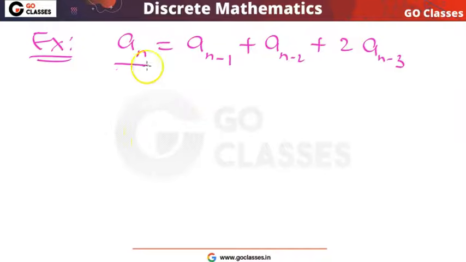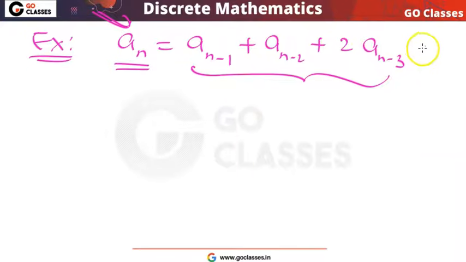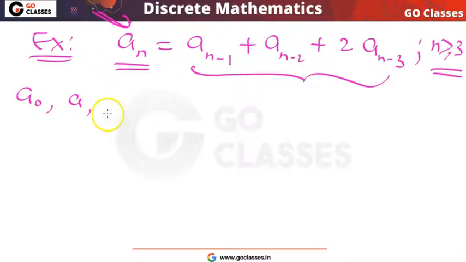Now you can notice that in this equation, every term an is represented in terms of the previous 3 terms, so we need 3 initial conditions. Our recursion will start from n greater than or equal to 3, and we need a0, a1, and a2.